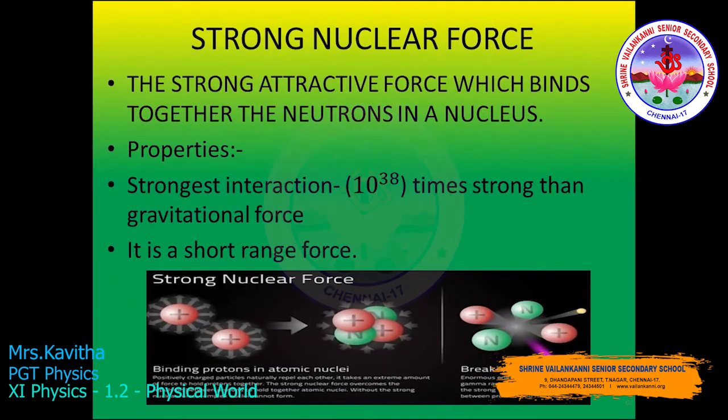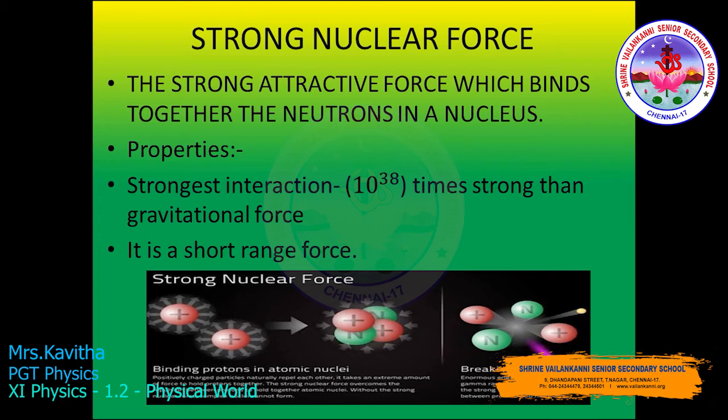The next one is the strong nuclear force. What is strong nuclear force? The strong attractive force which binds together the protons and the neutrons in a nucleus is called strong nuclear force.